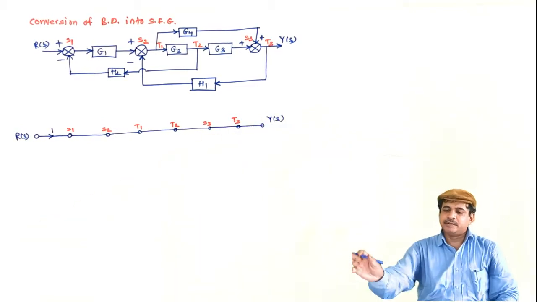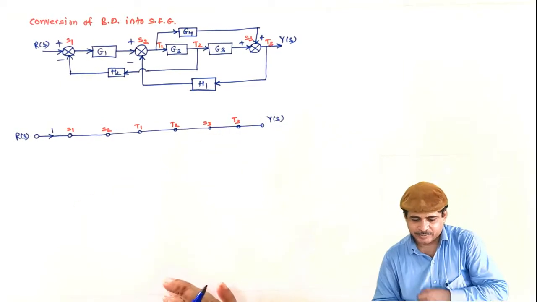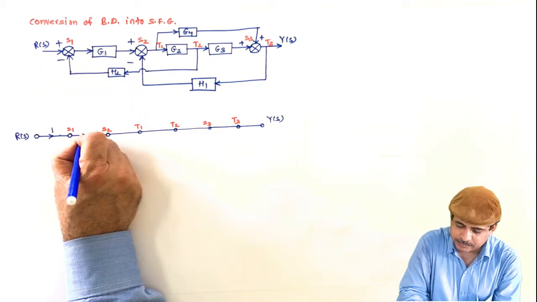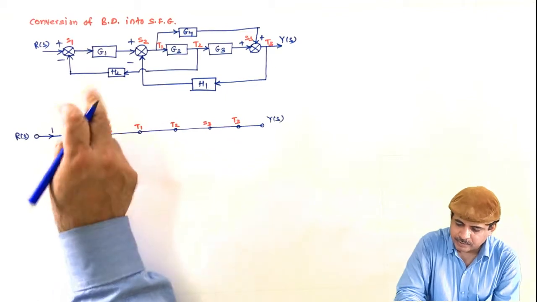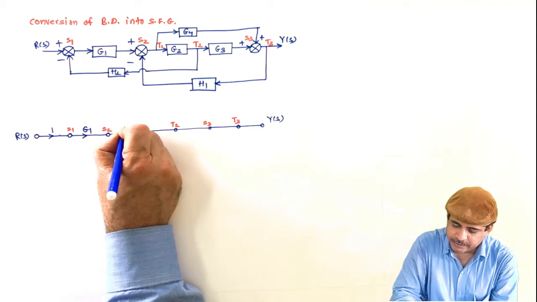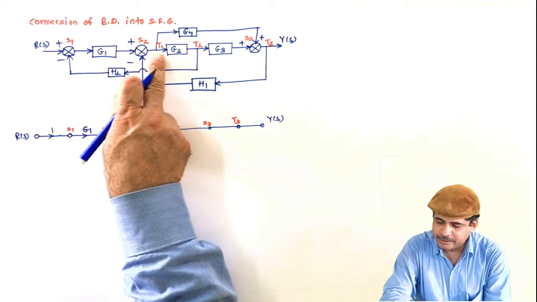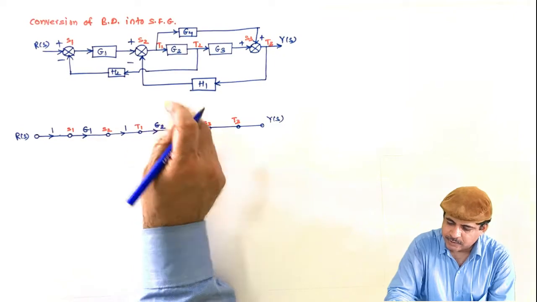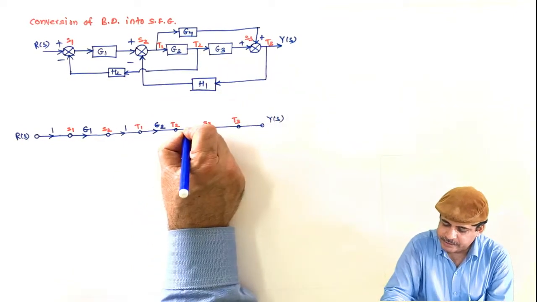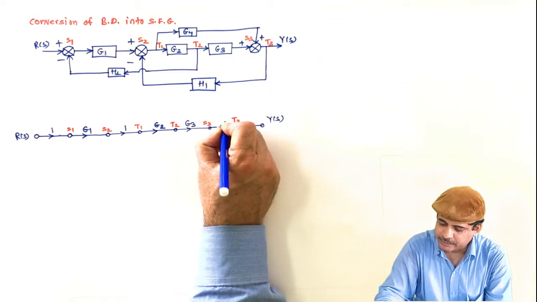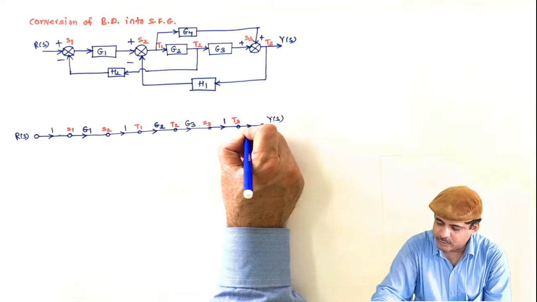So now start giving the branch transmittance. So here it was 1, from S1 to S2 it is G1, then S2 to T1 it is 1, then T1 to T2 it is G2, then T2 to S3 it is G3, then S3 to T3 it is 1, and then T3 to Y also 1.